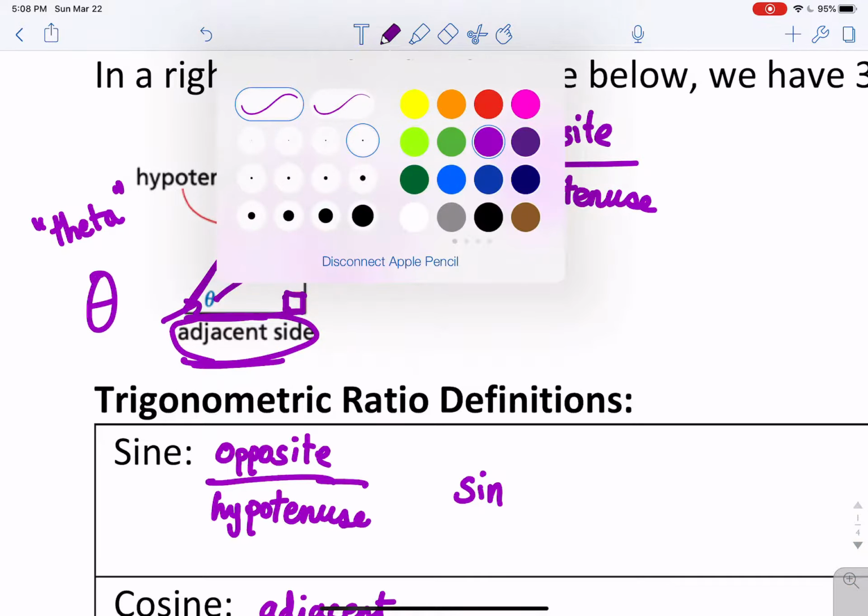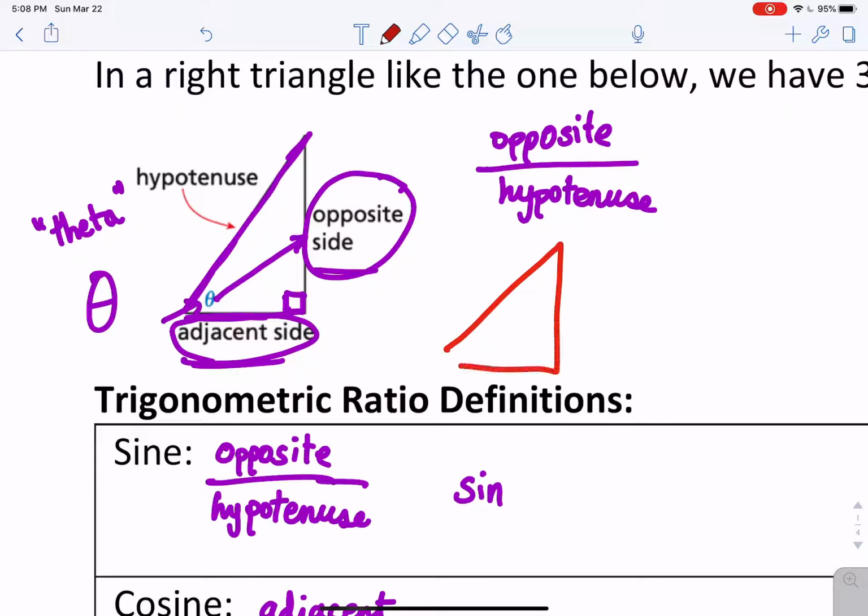I could draw another right triangle, the same one, but now if I put theta up there, this is still the hypotenuse, but the adjacent side is this side now because that's the one that's touching it. And the opposite side is the one on the bottom because that's the one that isn't touching. So opposite and adjacent can move around based on where the angle is.